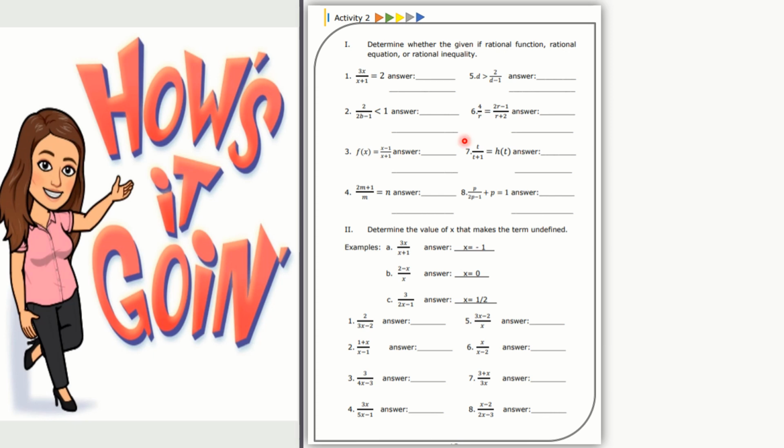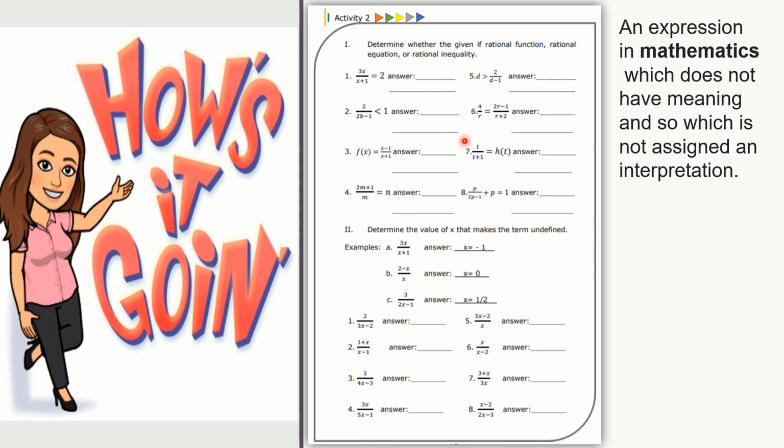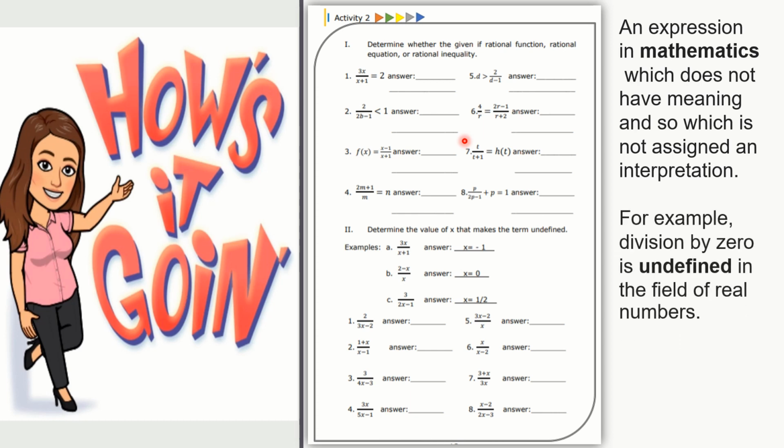For part 2, we need to determine the value of x that makes the term undefined. Recall that undefined is an expression in mathematics which does not have meaning and so is not assigned an interpretation. For example, division by 0 is undefined in the field of real numbers.